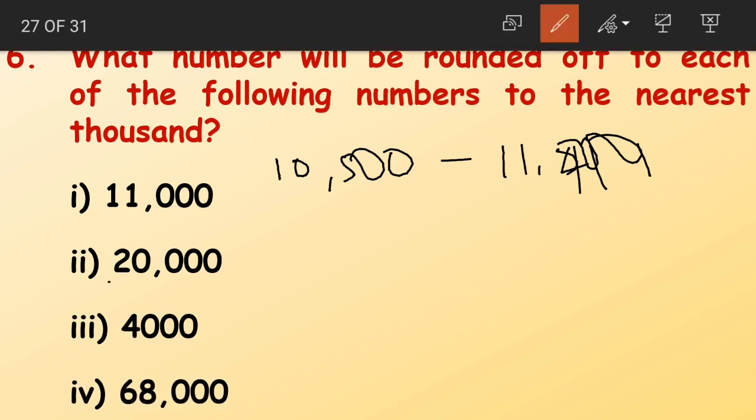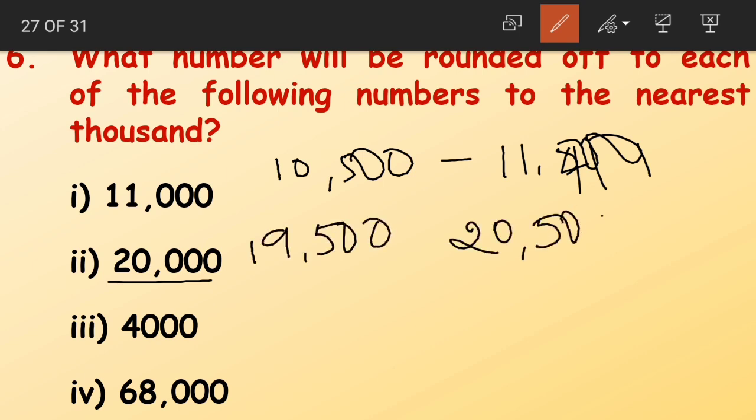Next question, 20,000. Again, minus 500 gives us 19,500 plus 500 gives us 20,500. Again, as I said, do not take this number, take it after subtracting 1. 20,499.